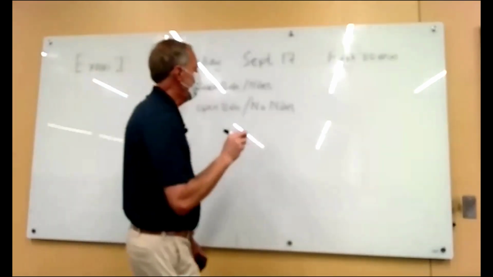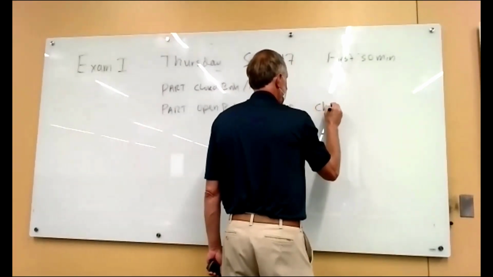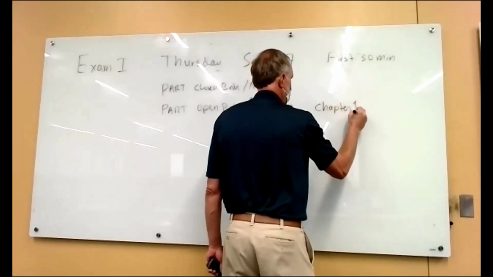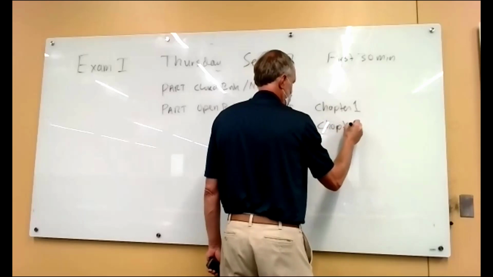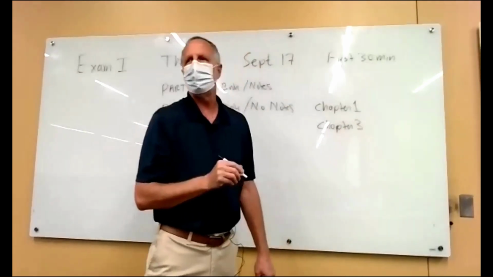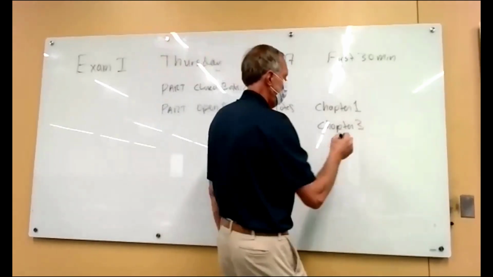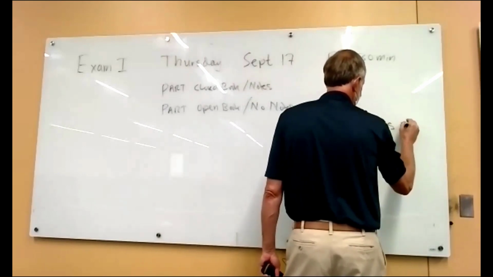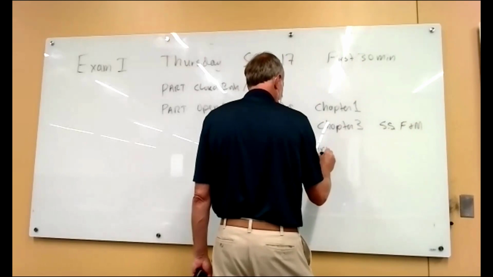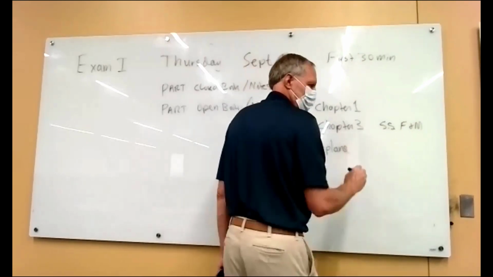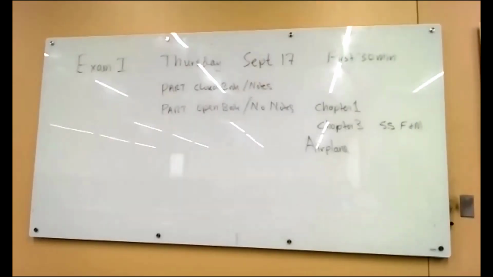Yeah, for you guys that have electronic copies of the book, you'll need chapter 1 and then parts of chapter 3 that we've covered about the steady state forces and moments. And I told you which airplane you'll need. You will need airplane, I think it's G. Let me look in the book.